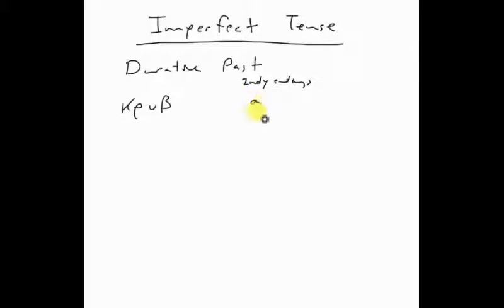Now the secondary endings are a, es, e, ame, ate, an.